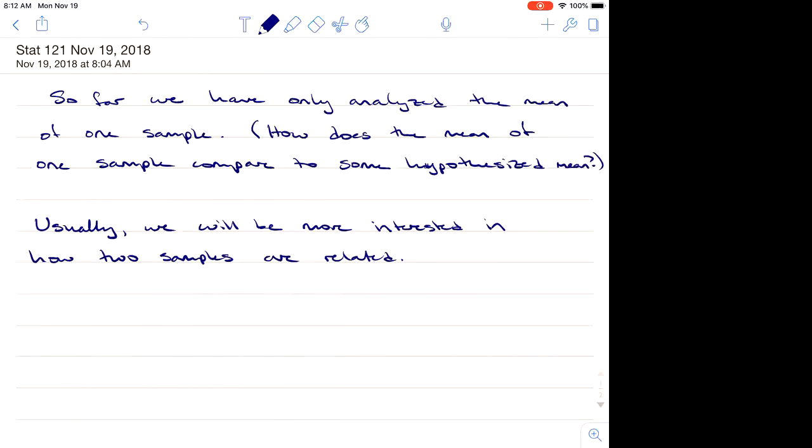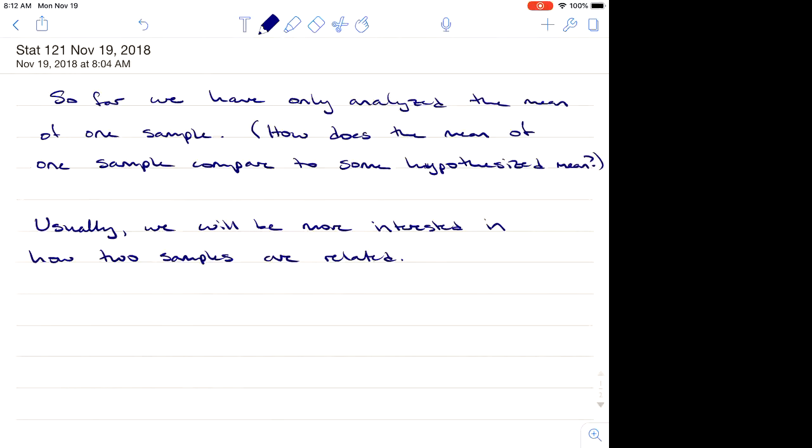To complicate things, there are two ways that we could have two samples. Remember, two samples just means that we have two columns in our data set, right? So far, we've just had one column, right? One sample, right? So think about your test scores. Your test scores for test 2, that's one sample, right? So then there are two ways that we could have collected two samples.